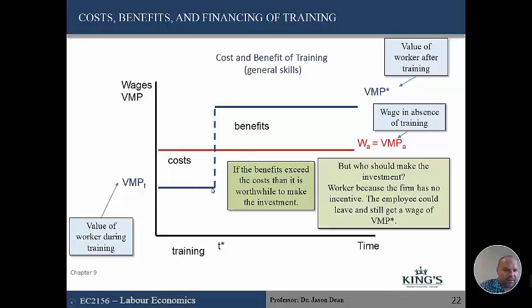The worker could get the training, and then they're going to be worth this amount. This is their value of marginal product. It would be worth more. They could get a job elsewhere getting this wage. So there's no benefit or no incentive for the worker to stay at that particular firm. So the firm would not have any incentive to pay for that training.